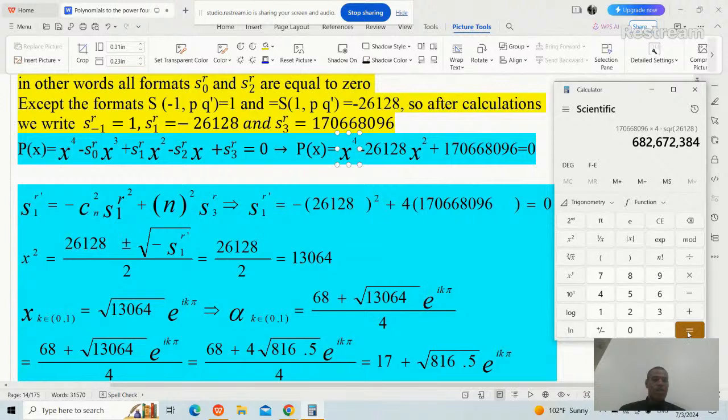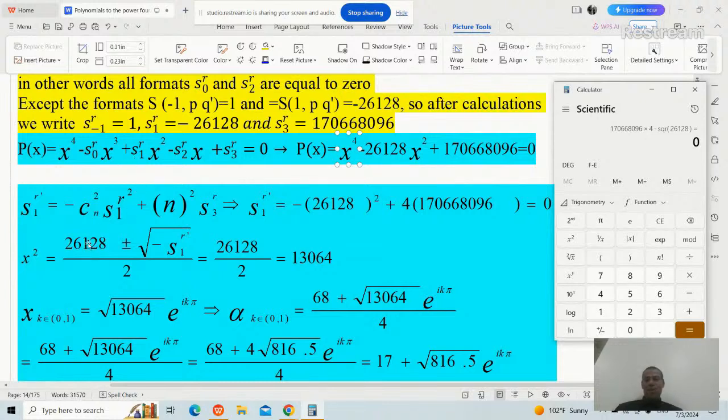This one is equal to 0, which means that if s1 of order r equals 0, you will get a double root. Therefore, x squared equals minus s1 of order r.